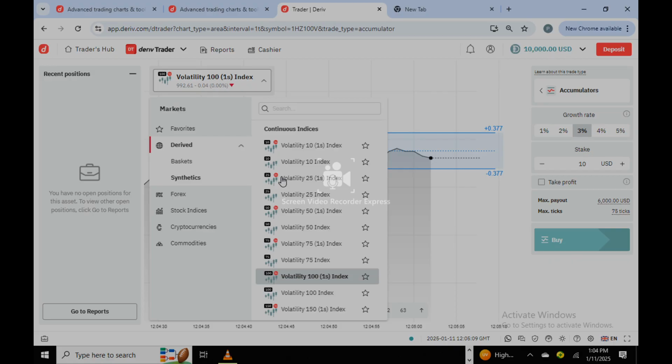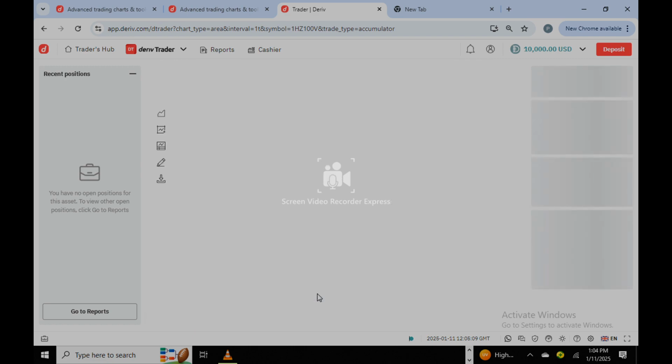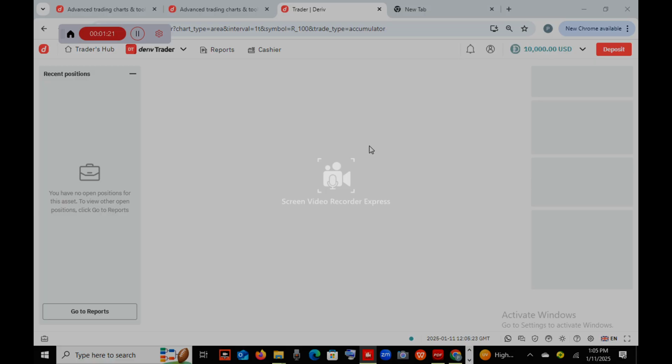But I'm going to go to volatility 100 index because that's what I trade with. I and my team, this is what we trade with basically. It's a very flexible market, and I also advise you to take a leap into this market and earn more from the market. So let's go.